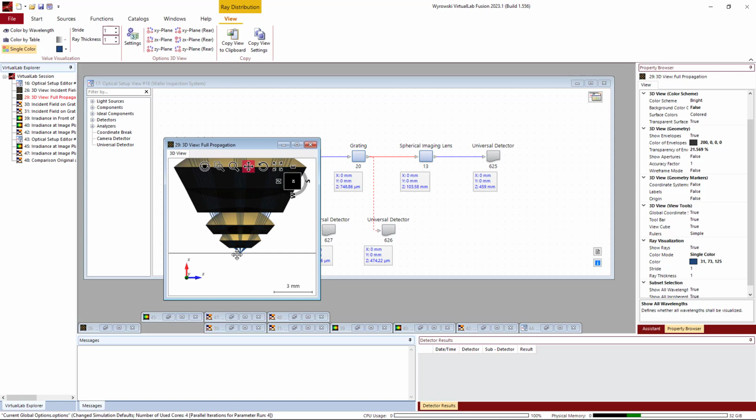And there may be more, according to the period of the structure, I'm not sure, there might be more orders, probably there are. But because of the finite aperture of the objective lens system that we have here, only 3 of those orders, from the minus first to the plus first order, are going to be collected by our imaging system.